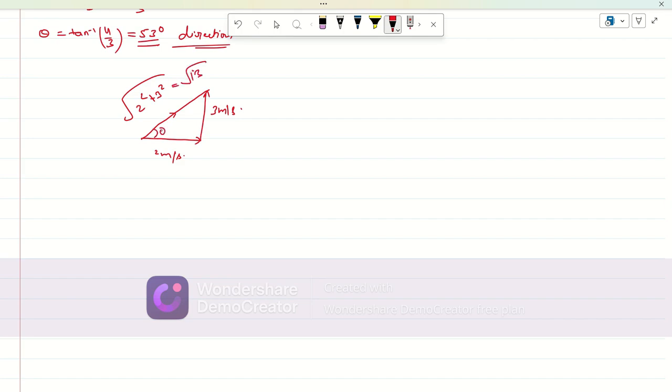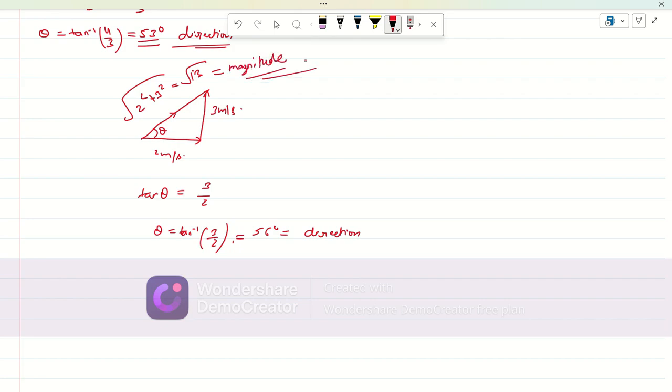And this is theta. So you will find tan theta. Tan theta is equal to 3 by 2. Theta is equal to tan inverse 3 by 2. So root 13 will be your magnitude, and this theta, tan inverse 3 by 2, will be your direction, that is 56 degrees. So you can say 56 degrees is the direction, and root 13 is the magnitude.